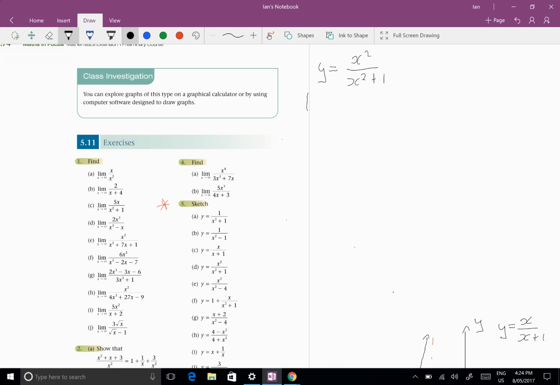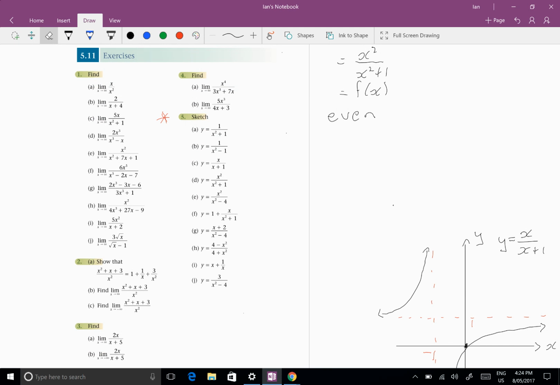But let's find f of negative x, and that equals negative x squared on negative x squared plus 1, which will give me x squared on x squared plus 1, which equals f of x, hence an even function. And that's really cool now because I only have to draw half the function and just mirror image it.